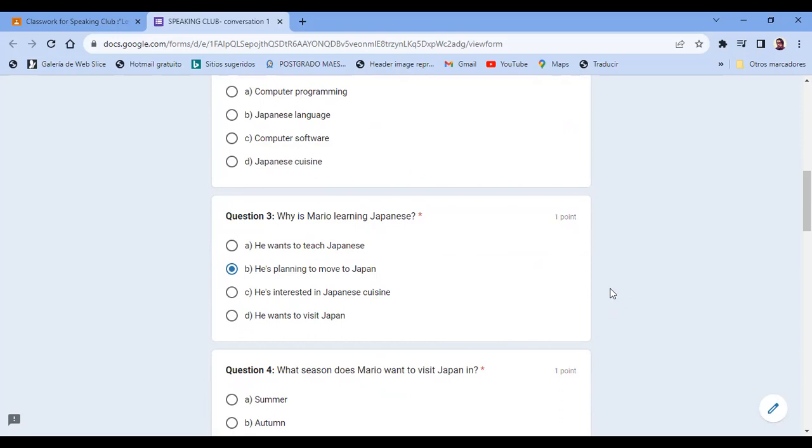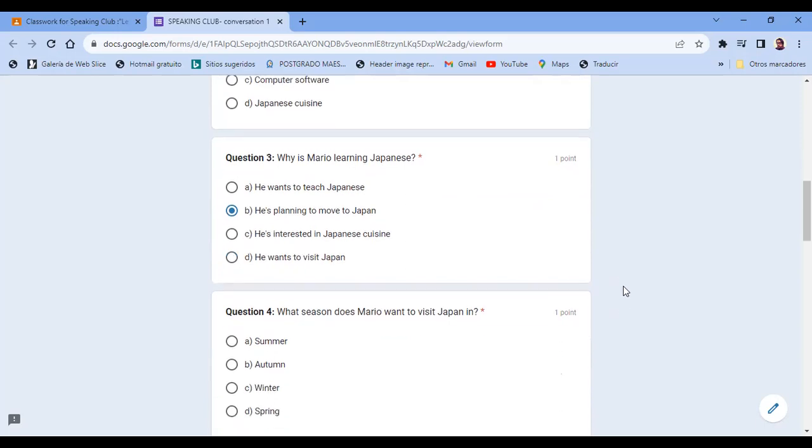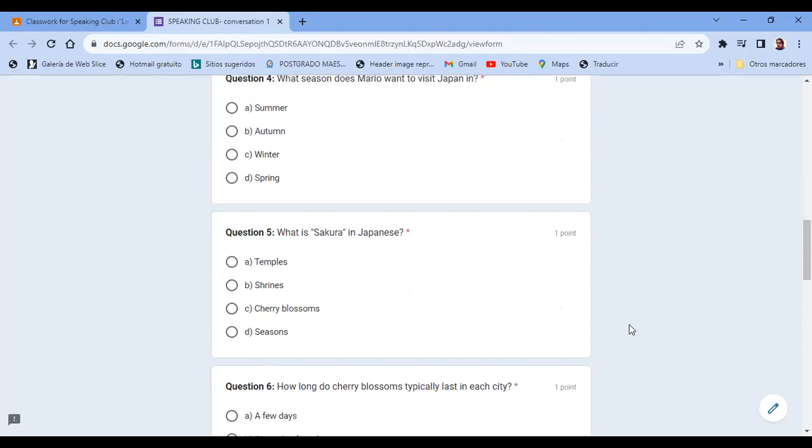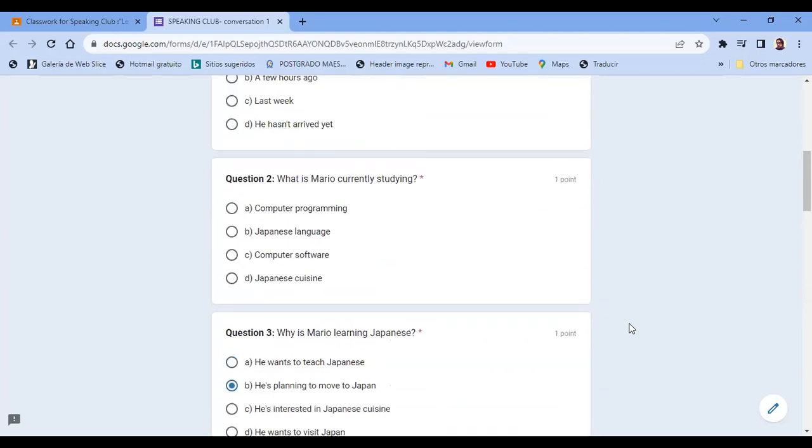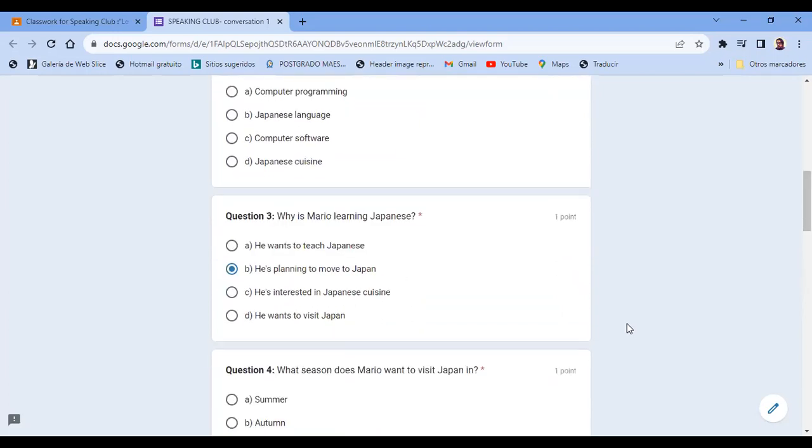Did you find any other problem in that questionnaire? Because we're using a software to make it, and perhaps the software made a mistake. About Japan, because his friend, the girl, is trying to go to Japan.